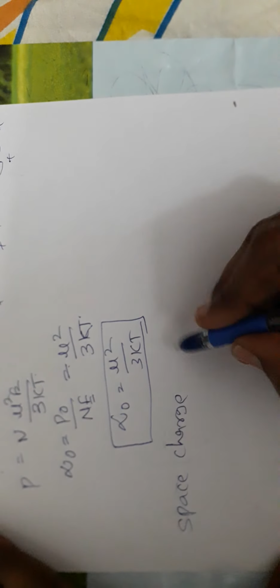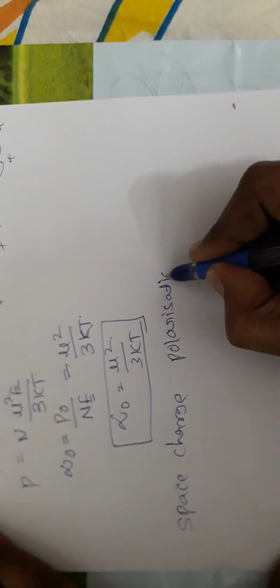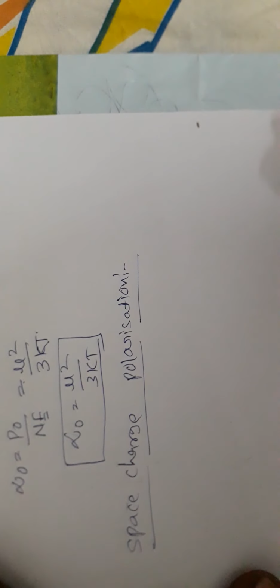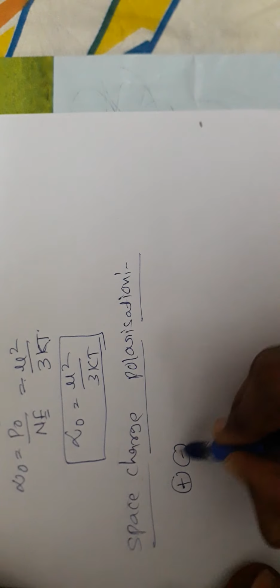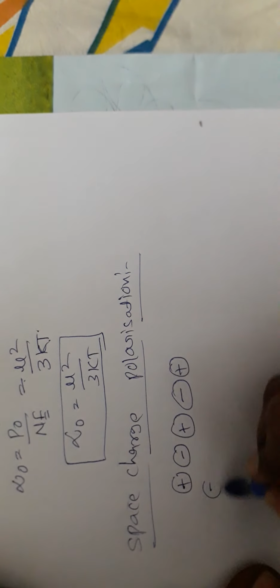Next one is space charge polarization. It occurs at the electrodes, where there is accumulation of charges.